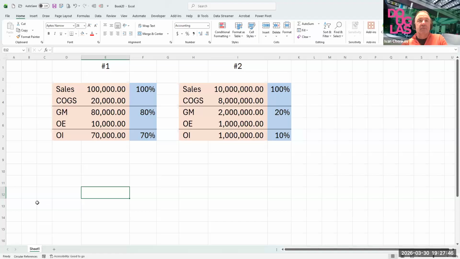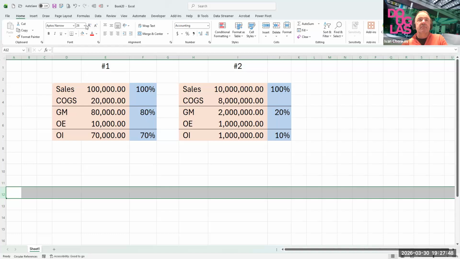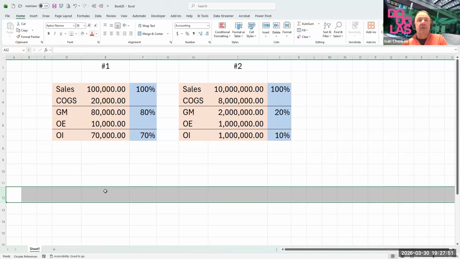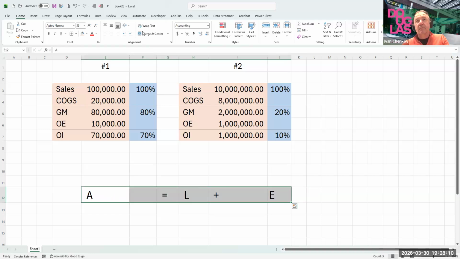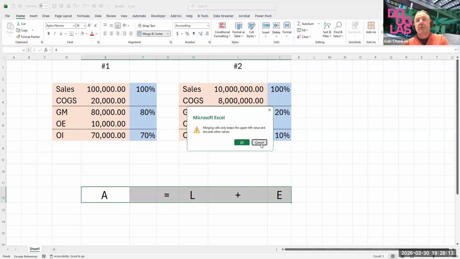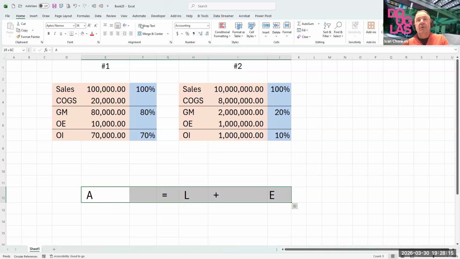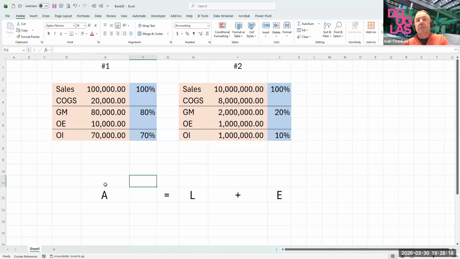From the balance sheet, we have to remember the basic accounting equation, which is represented on the balance sheet. And that was assets equal liability plus equity. Correct? So now the question is, which one is 100%? Assets are 100%.